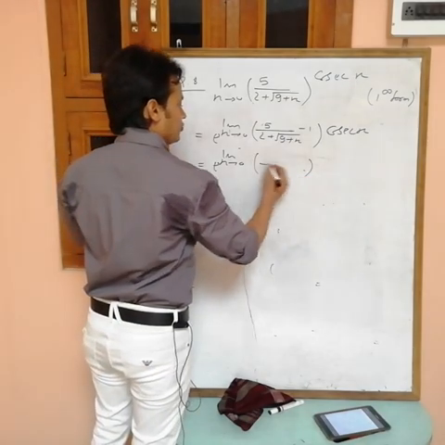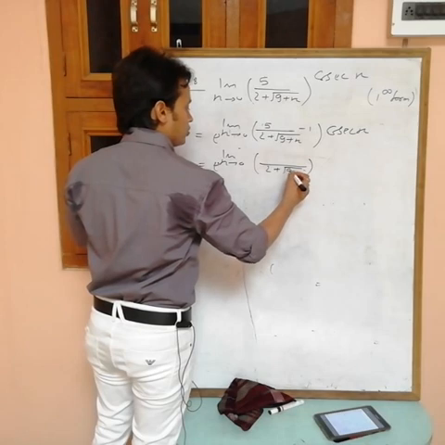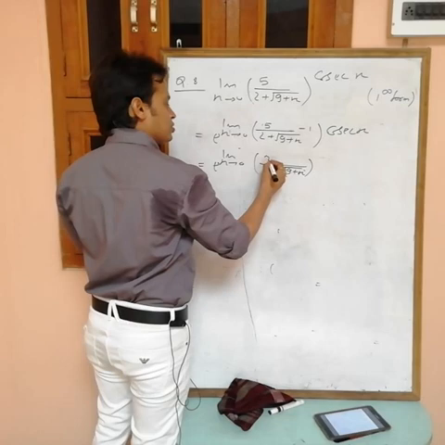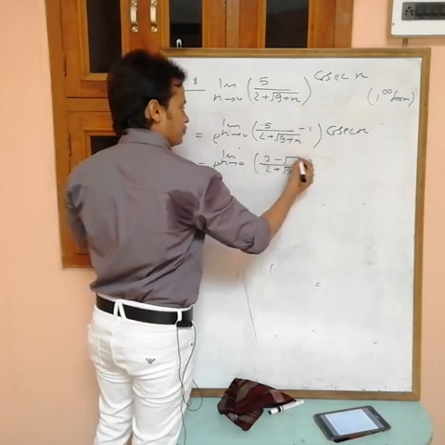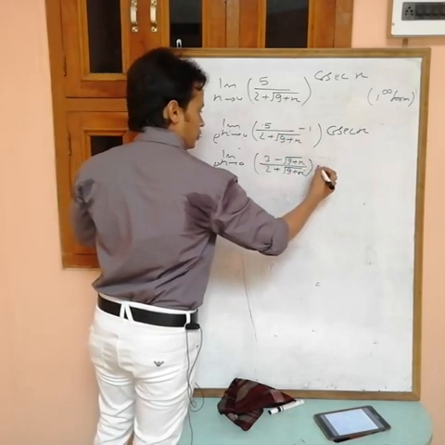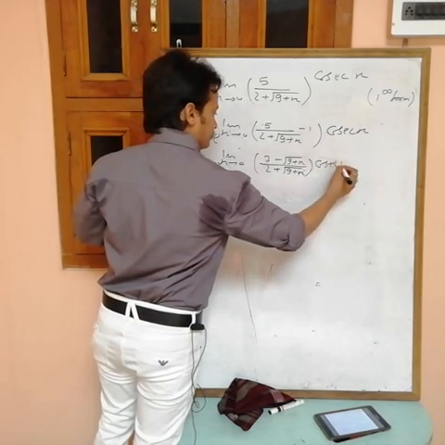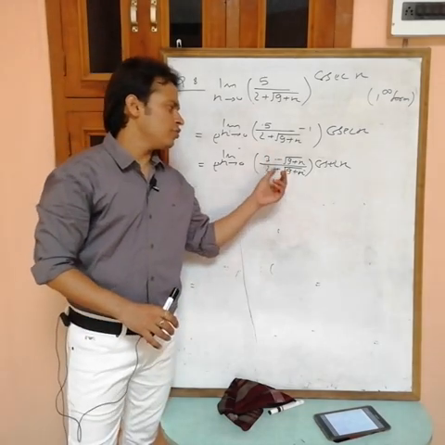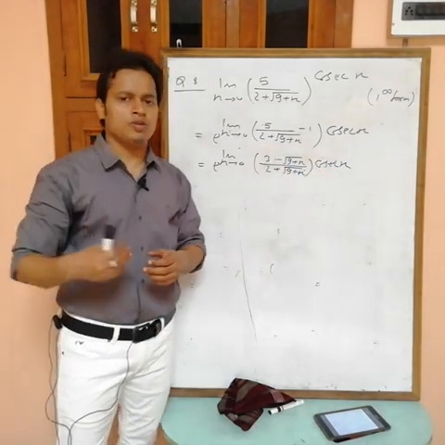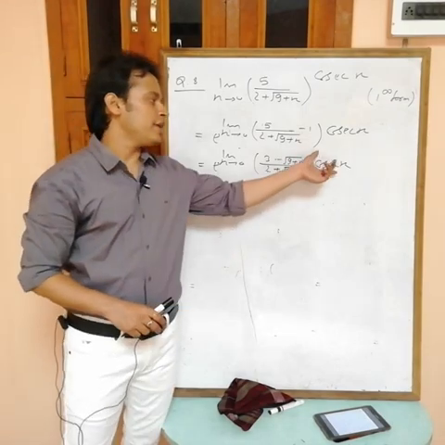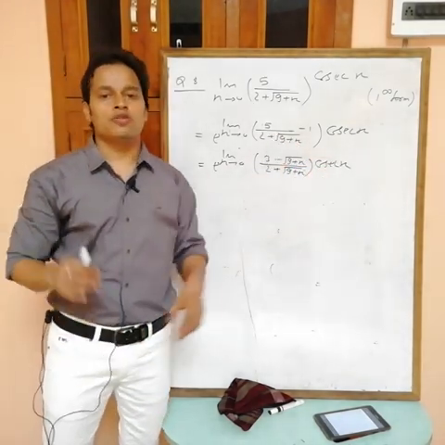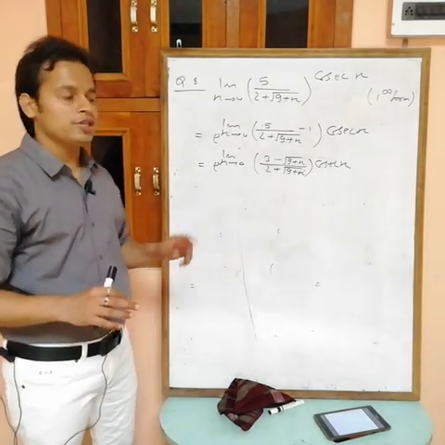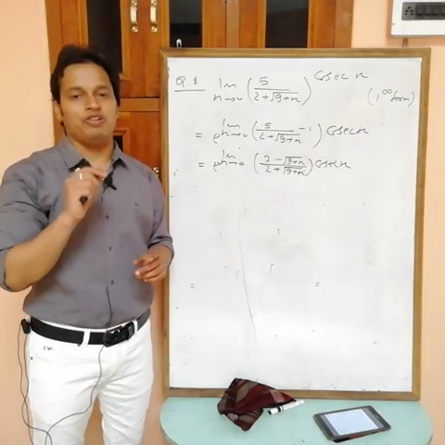If I take LCM, 2 plus root 9 plus x minus 2, 5 minus 2 is 3, minus of this one, into cosec x. If I put x equals to 0, then you will get 0 into infinity form. Again you can write this one in the denominator, then you will get 0 by 0, you can differentiate. But I am not using L'Hopital's rule, I will use simplification.